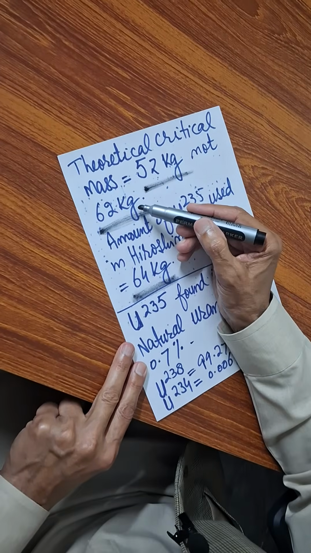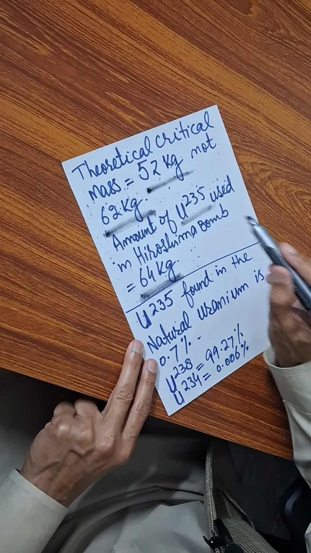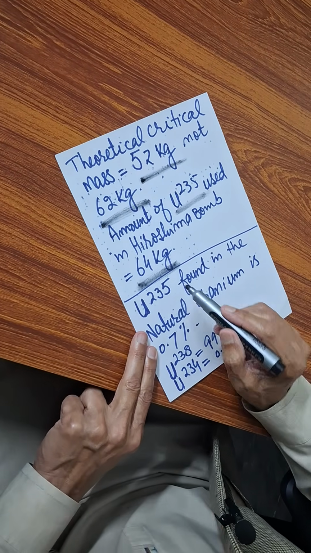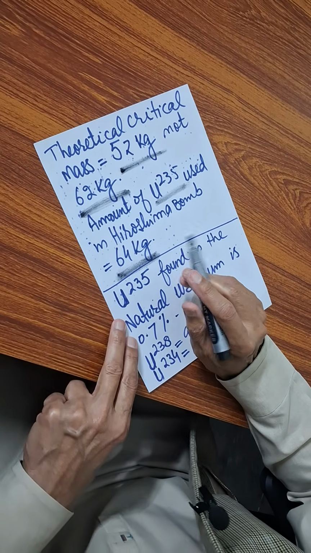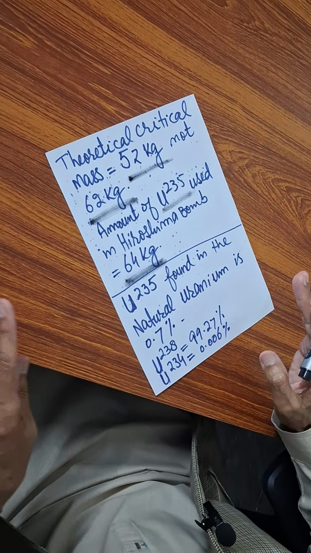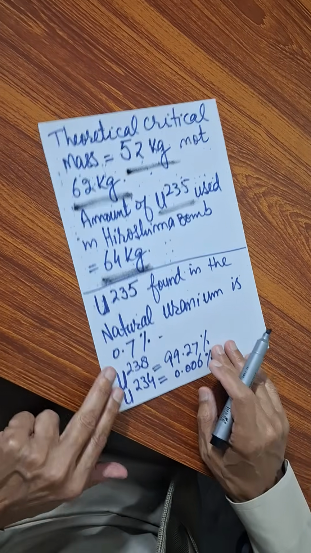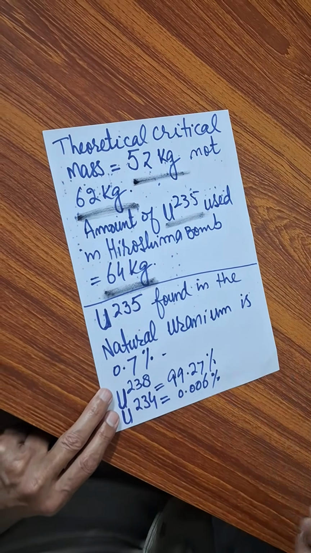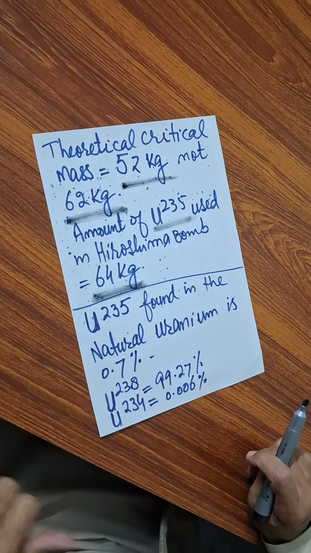It was not 62 kilograms, not 52 kilograms. Although the critical mass is 52 kilograms, they used 64 kilograms in the atomic bomb to make sure that maximum destruction takes place. Now, this was the second point which I wanted to make correction on.